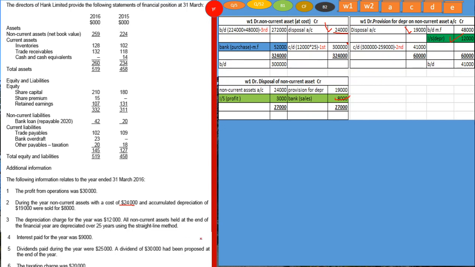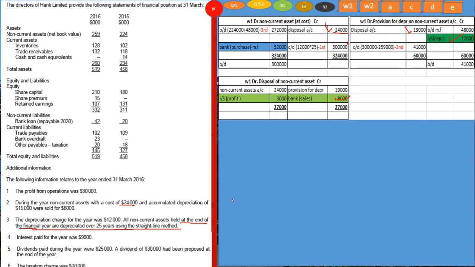Now all the non-current assets held at the end of the financial year are depreciated over 25 years using the straight line method. Now this is the critical point where you get confusion. This part you need to understand, because this working note is quite a tricky one. Others are easy.